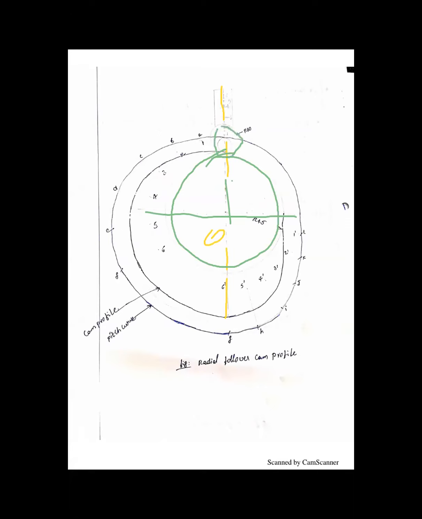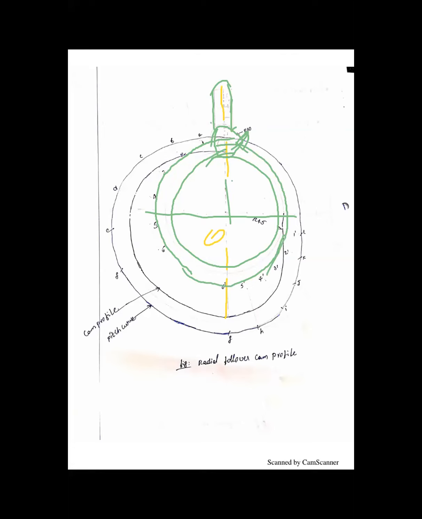So draw the roller and specify its center, which is considered P. Take the compass, arrange the distance OP and draw another circle. That circle is the prime circle.